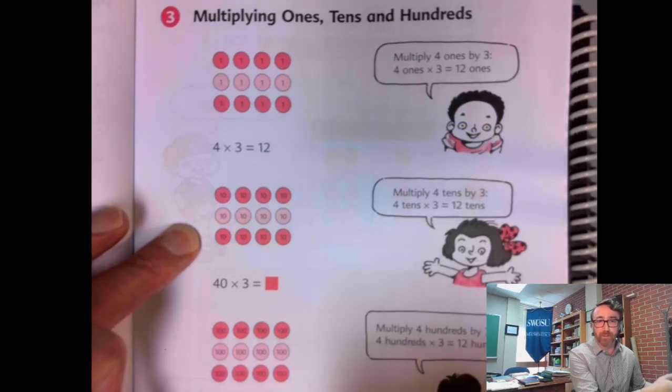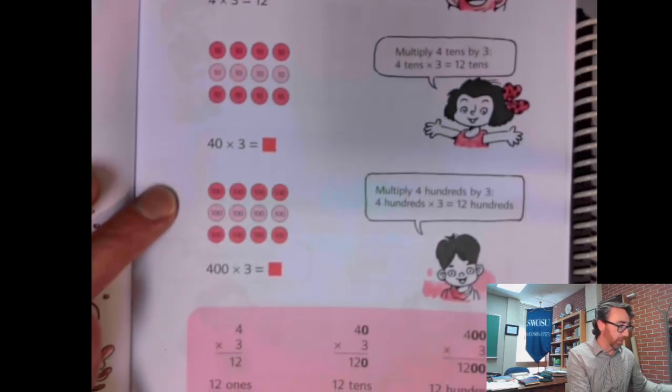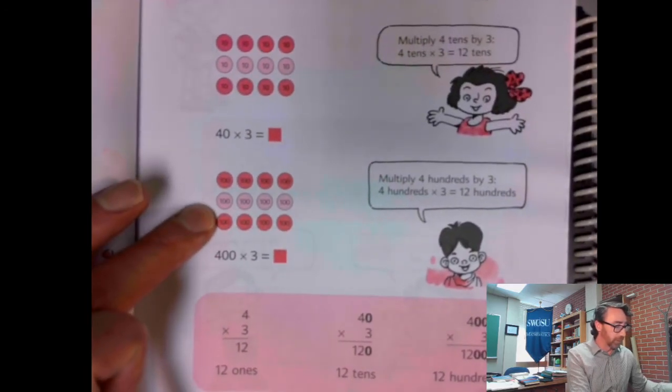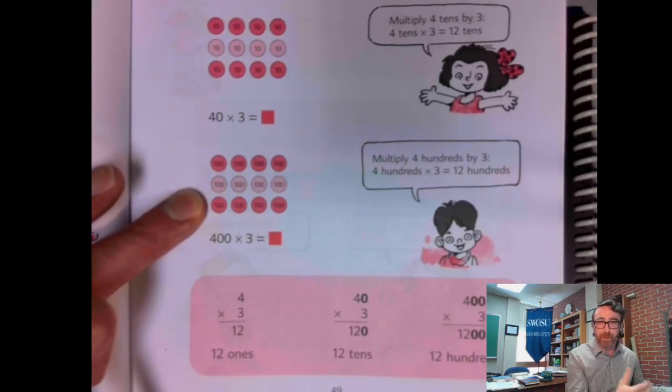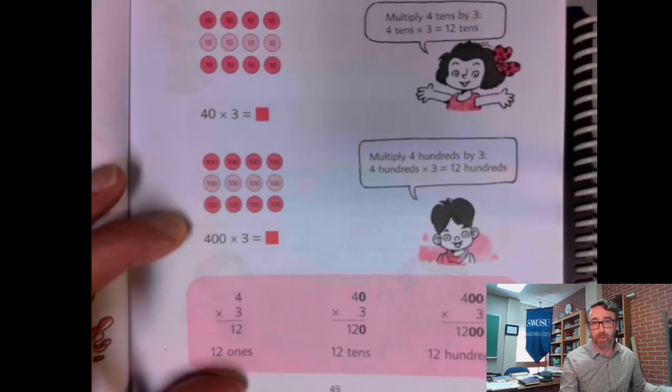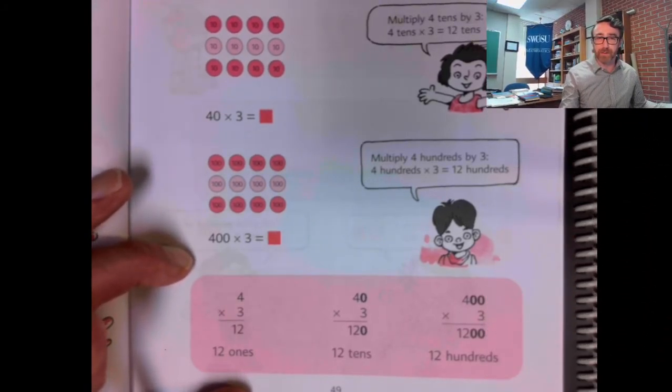Well, 12 tens is 120. We could cash in one of those and rebundle there. And then we've got this illustration right here, 400 times 3. In the bottom here, this illustrates how that would look in the standard algorithm.